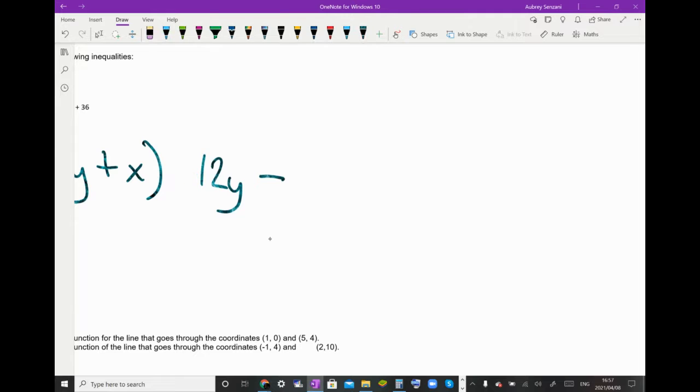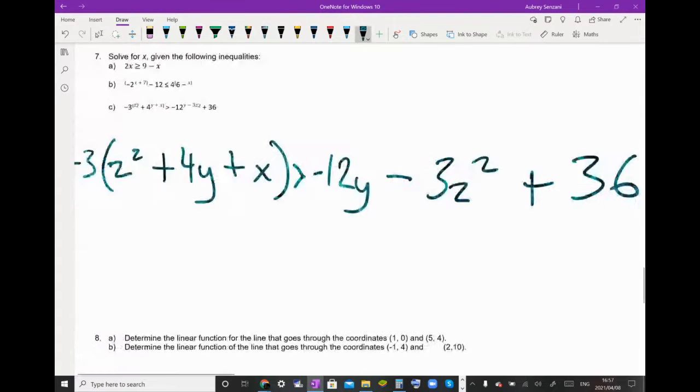Oh, just erase that. Negative 12y, negative 3z to the power 2 plus 36. Okay, so let's get into this now.